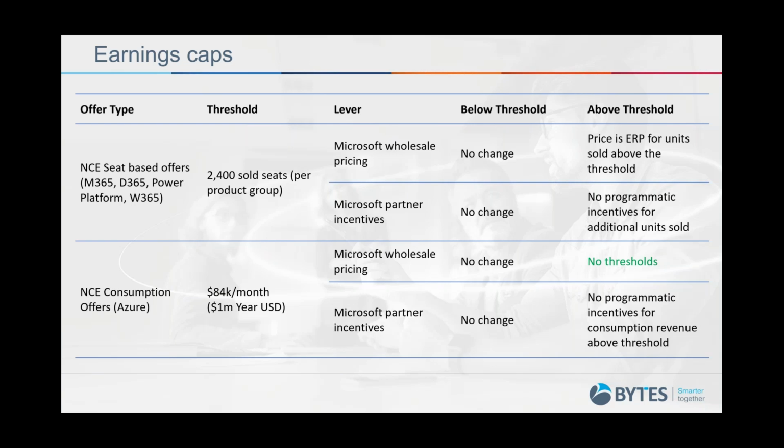For Azure, you will not earn any partner backend incentives for anything over $84K per month, but you will continue to earn margin in the form of partner earned credit as long as admin rights are maintained. There are two role-based access control rights that you'll need to maintain in order to earn partner earned credit. And that could be as little as support, admin, or, what's the other one? Cost and optimization contributor, I believe it is.